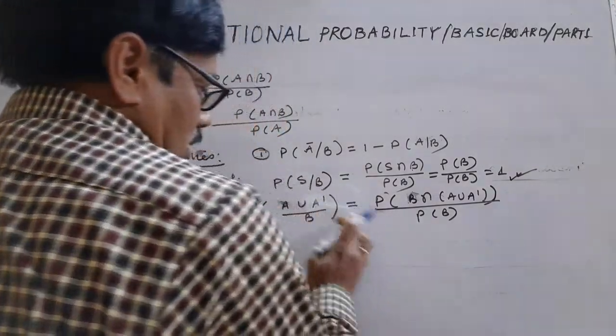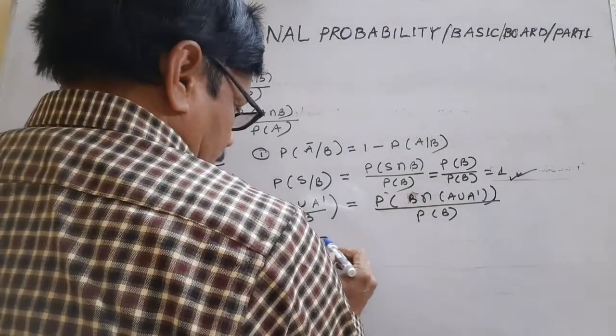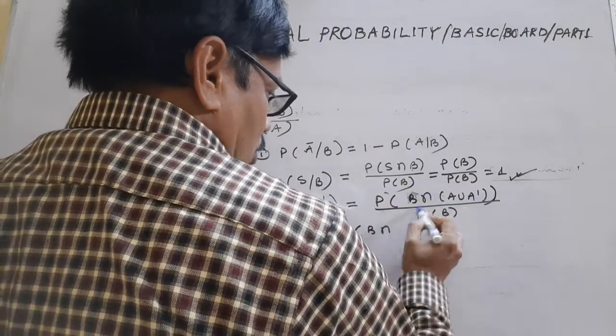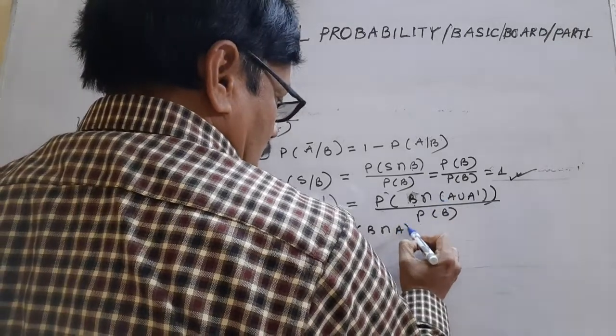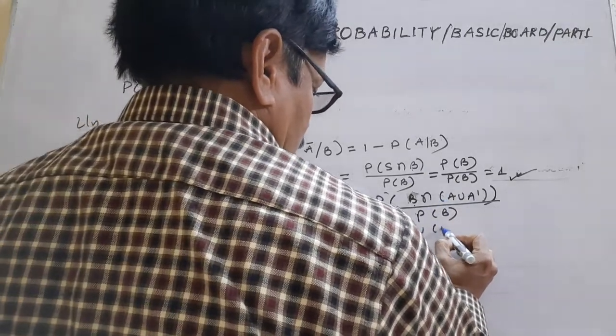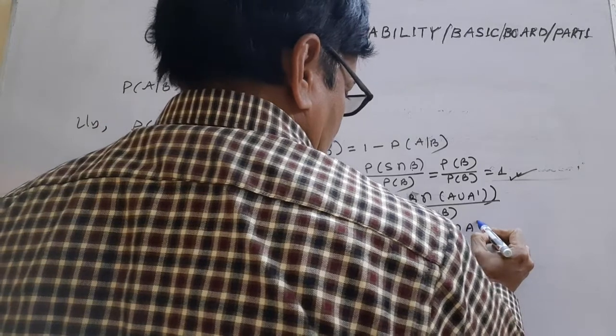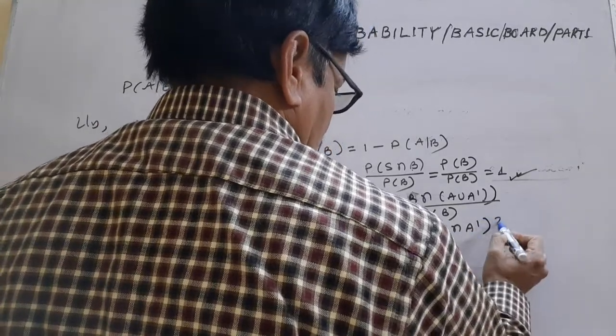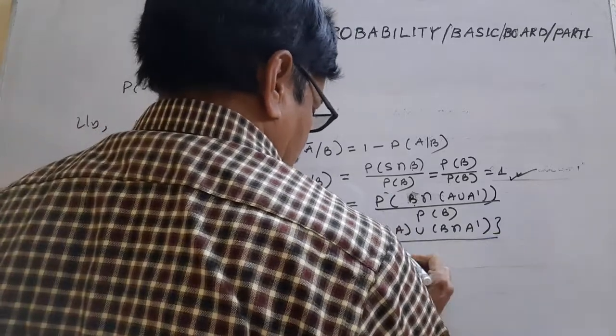So from the definition of conditional probability, now from the distributive law, B intersection (A union A dashed) equals (B intersection A) union (B intersection A dashed), all by P(B).